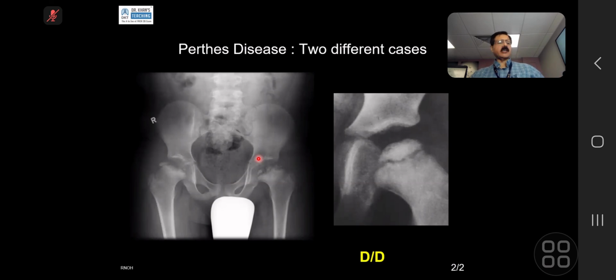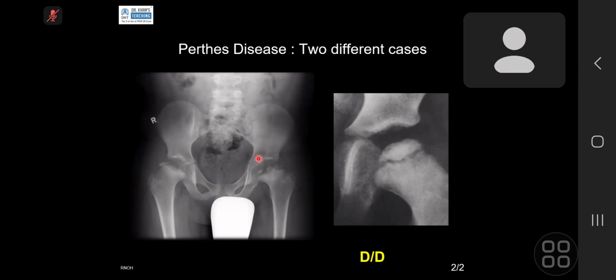One differential, of course, can be bilateral Perthes. What else is your differential? So this could be neglected slipped femoral epiphysis, and so infection.